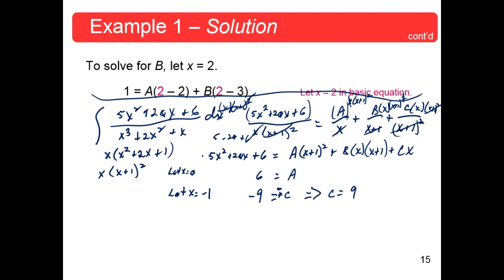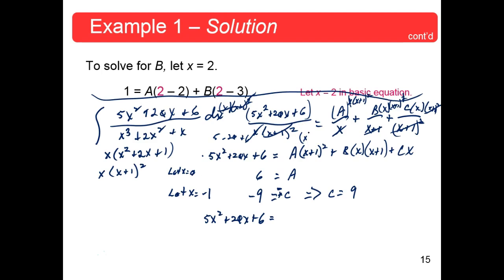There's nothing else we can substitute easily, is there? So now what we have to do is plug in what we know. So what we have is 5x squared plus 20x plus 6 is equal to, let's multiply this out. What does that x plus 1 squared give us?